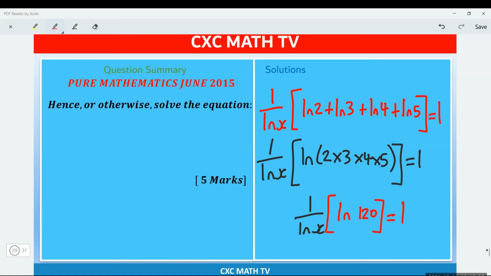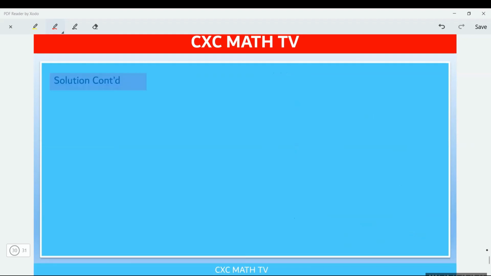What I'm saying is if we divide both sides by ln 120, the ln 120 here cancels the ln 120 there. And so we're left with 1 over ln x is equal to 1 over ln 120.